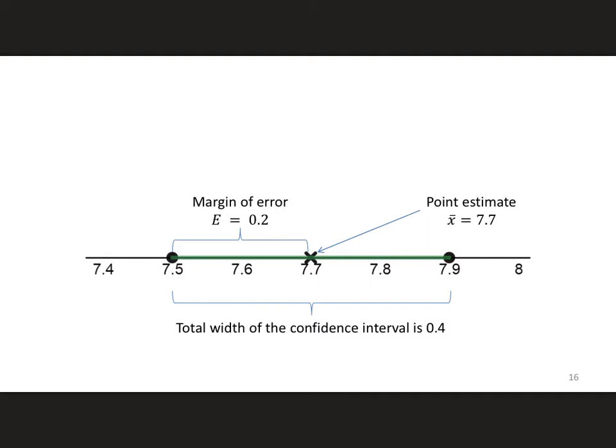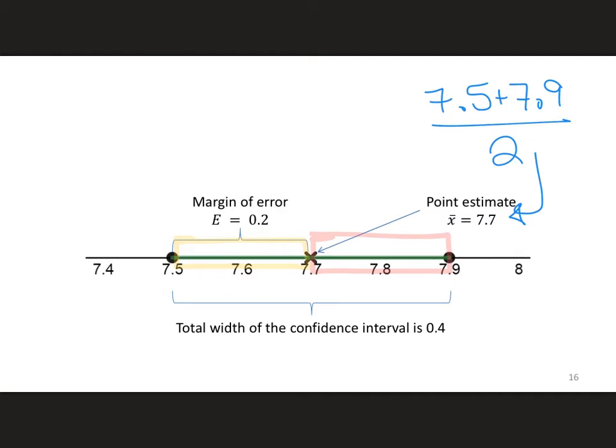You could figure out the point estimate if you do 7.5 plus 7.9 and divide that by 2. And then from the point estimate to an endpoint, just looking here, that is a margin of error, and then there's one on the other side as well.